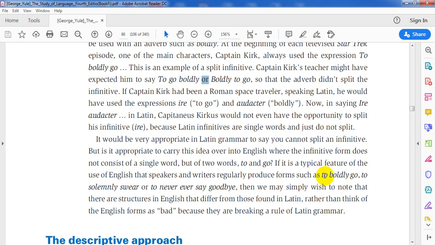According to the prescriptive rules, this is not acceptable, but people in English use such phrases. So, according to those views, we should look at how people use the English language and not at how other languages like Latin or Greek use such structures. This is the main idea of this section.